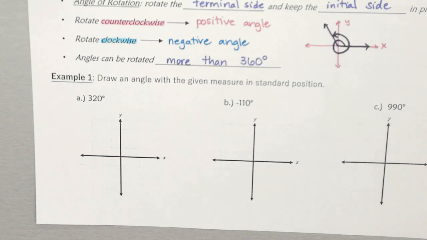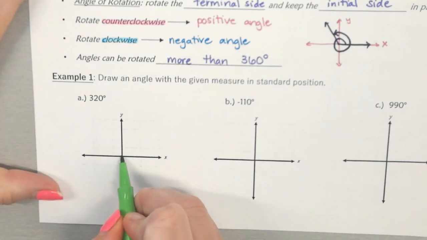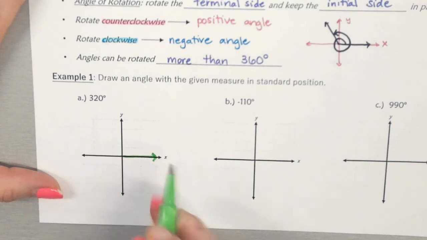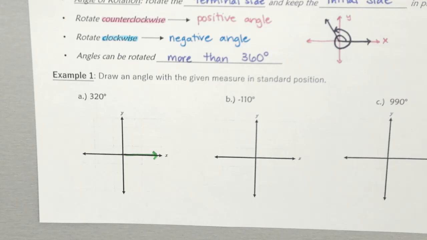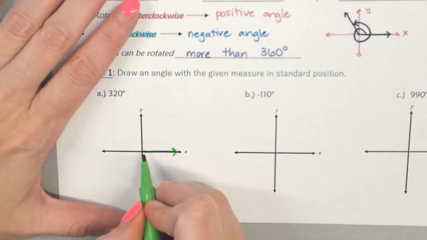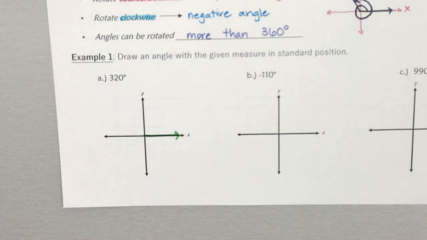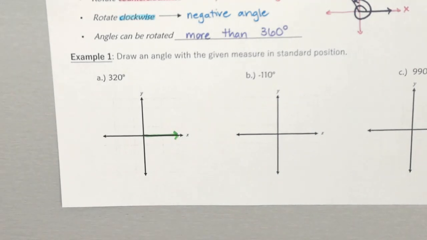When we are drawing the angle, the first thing we're going to do is draw the initial side. When you're doing this on your own, you aren't already going to have those in there. You'll draw your X and your Y, but when you're drawing this, I do recommend that you use a marker or a highlighter so that we can see that. I'll tell you the same thing on your assessment.